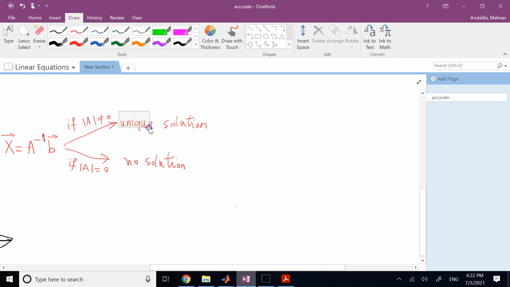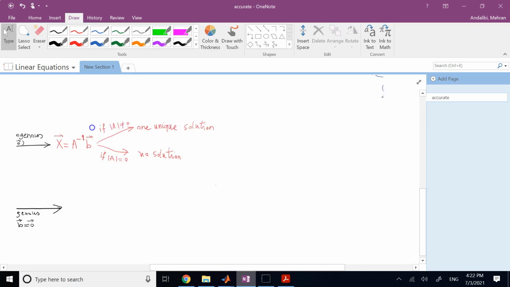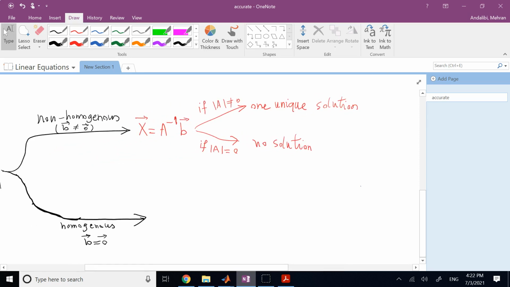Now let's talk about the case that the set of equations is homogeneous. So the coefficient matrix can have different scenarios, but the right-hand side is all zeros.